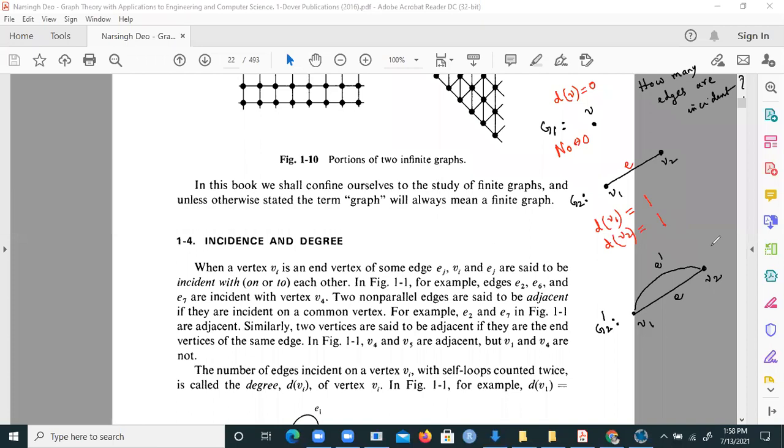And suppose I'm considering another edge E double prime, which is actually a self loop. Now according to the definition of the incidence and degree of the vertex, the mathematical community has decided how they will consider the degree of the vertex V2.